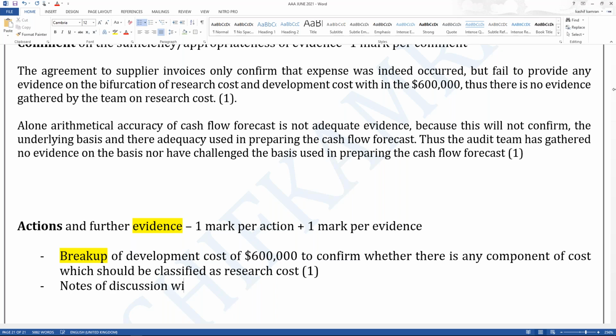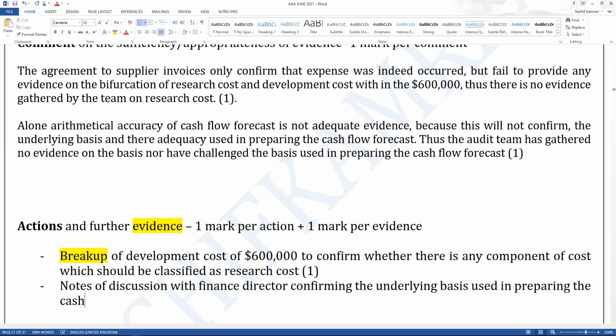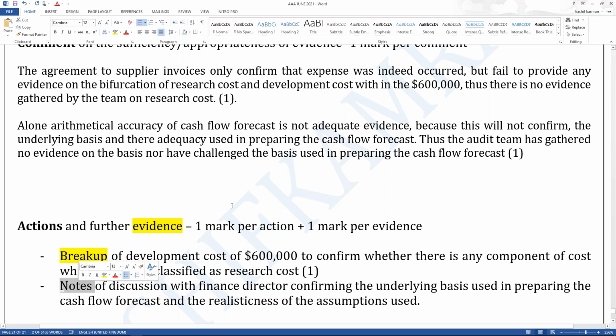Notes of discussion with finance director confirming the underlying basis used in preparing the cash flow forecast, and the realisticness of the assumptions used, full stop. So am I writing a procedure? No, I'm writing the evidence. So I have to be very careful.